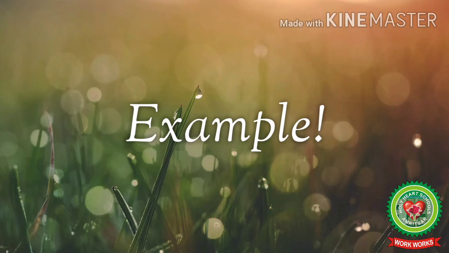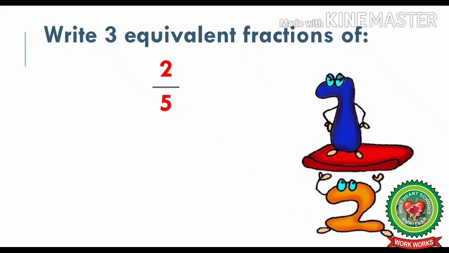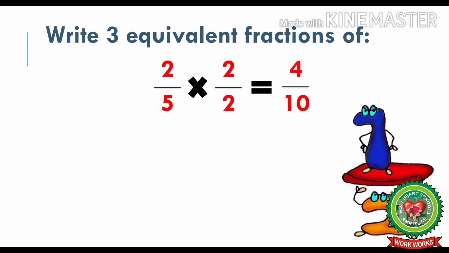Let us take one example. Write 3 equivalent fractions of 2 upon 5. So, to find out the equivalent fractions of 2 upon 5, we have to multiply the numerator as well as the denominator with the same numbers. So, first of all, we will multiply 2 upon 5 by 2 upon 2.